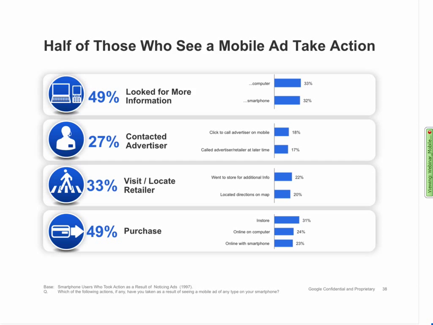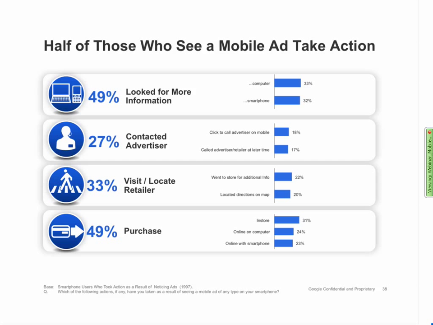Now, the key takeaway, the implication of this, is that having a strong mobile ad strategy is important because half of those who see a mobile ad end up taking some form of action. And most of these actions are really desirable ones for advertisers, right? Half of them are looking for more information.